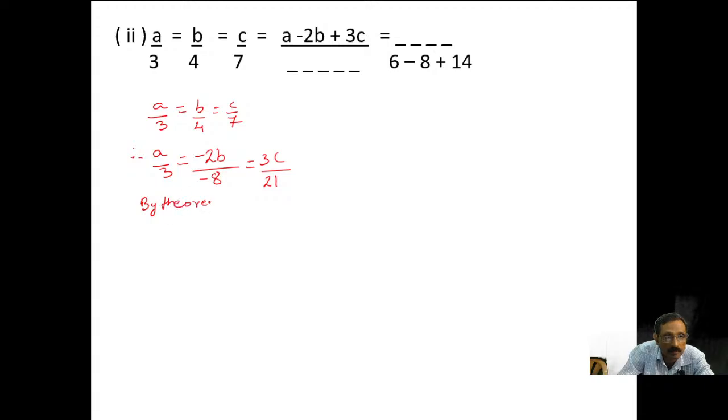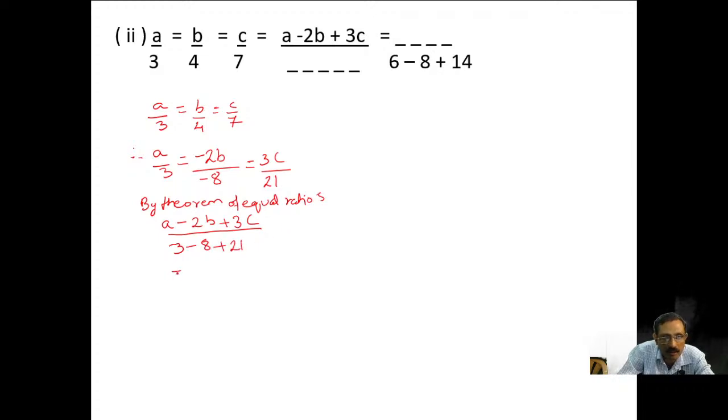Therefore, by the theorem of equal ratios, what we get is a minus 2b plus 3c upon 3 minus 8 plus 21.